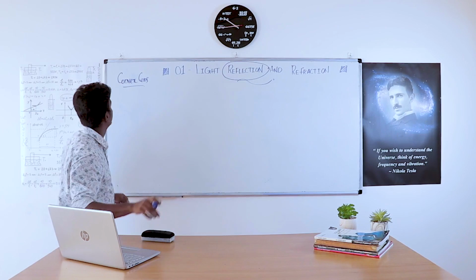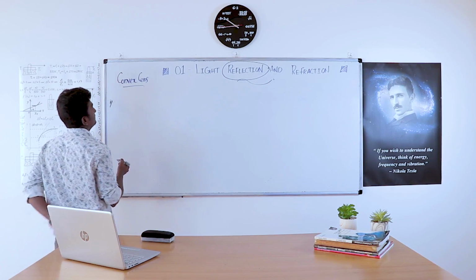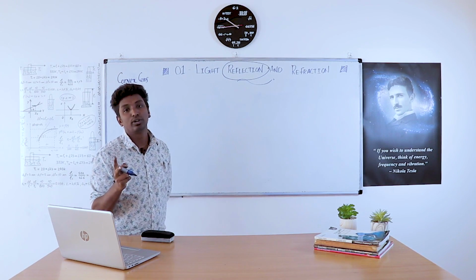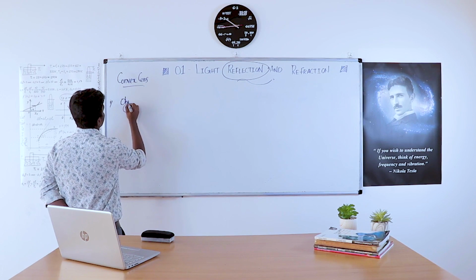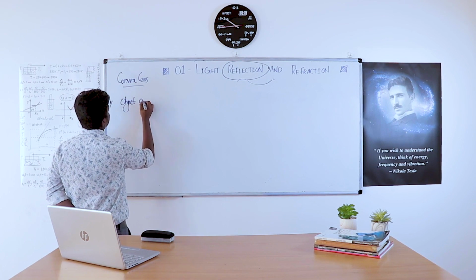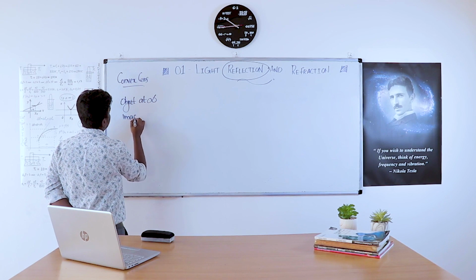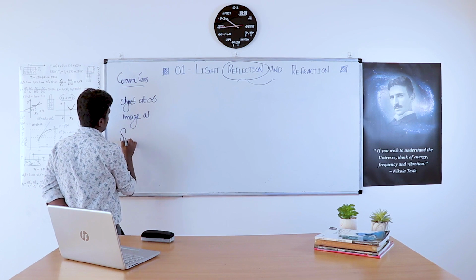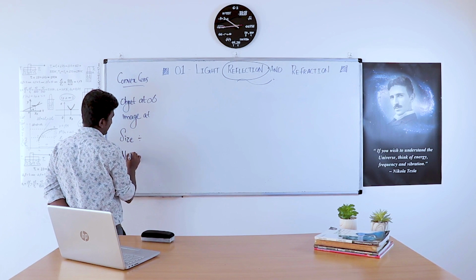We are having 6 cases for convex lens and 2 cases for concave lens. So first case, object at infinity. We need to find where the image is formed, and also we need to find the size of image and nature of image.